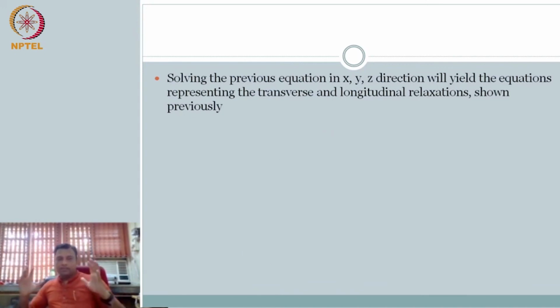I hope with this we actually complete the understanding of what is the signal origin, what it is that we are recording, and how the recording of the signal changes. The changes in the signal capture are due to the physical properties that we are going to go after, T2, T1 and proton density.